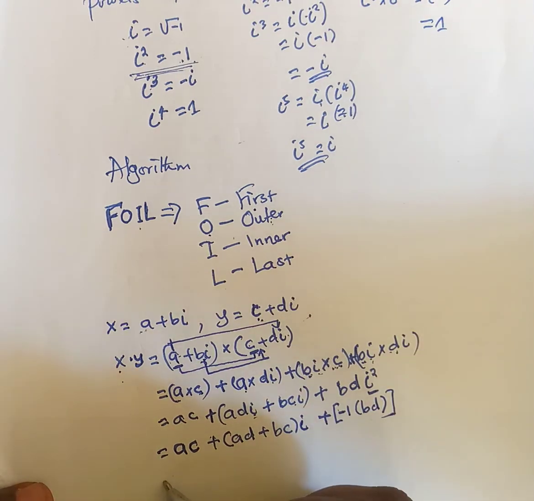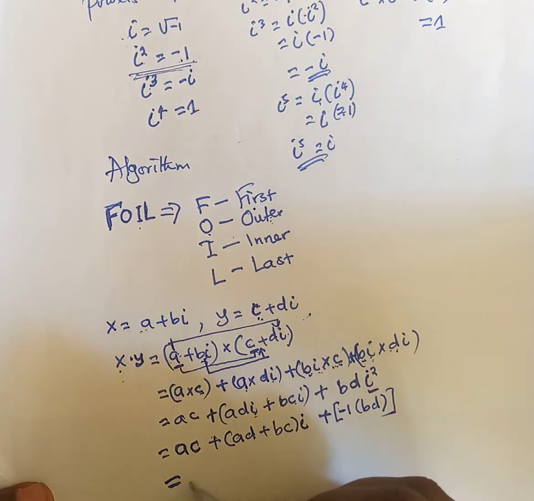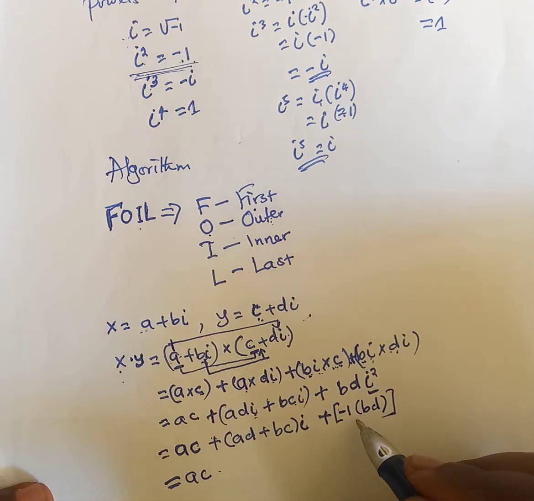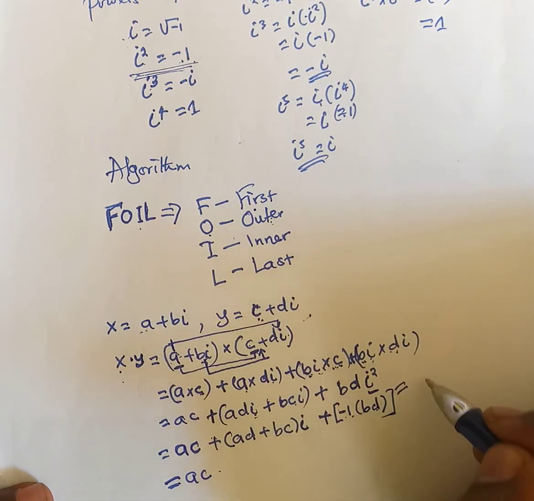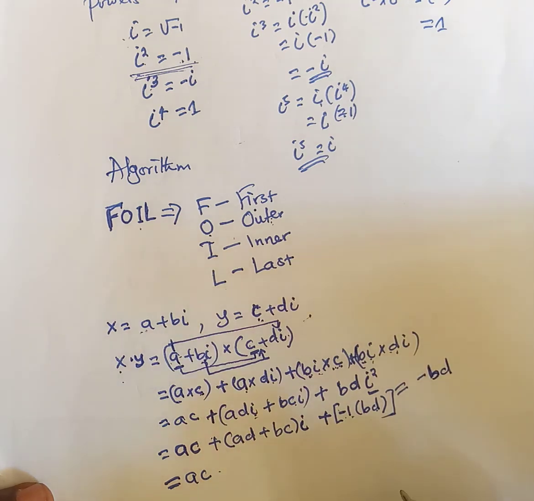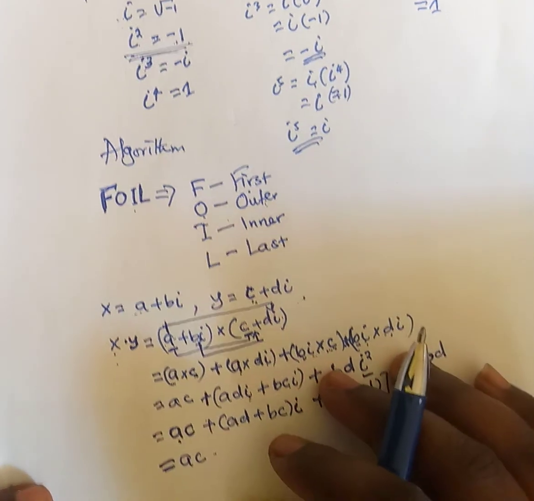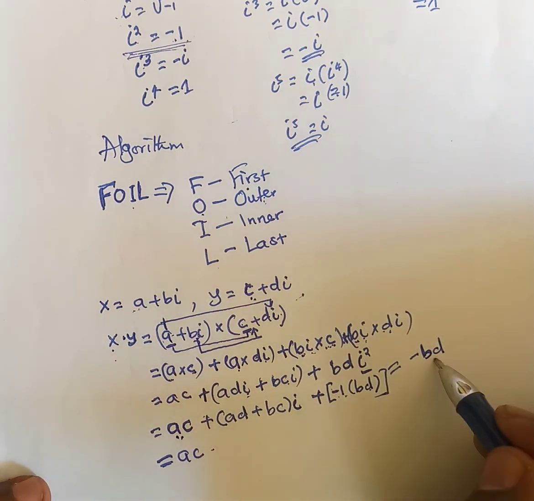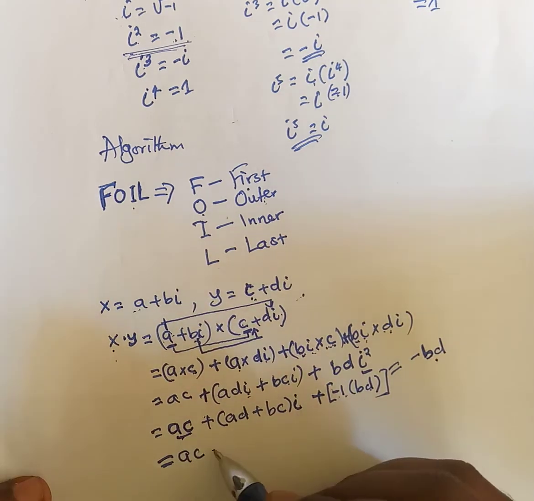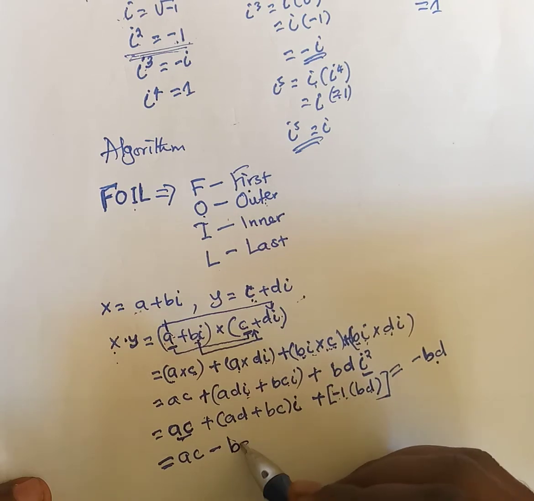And in simple terms, I have now AC. BD times -1 is just minus BD. So let me just bring that minus, because I'm also looking at like terms. Those terms that do not have i, I will just bring them.